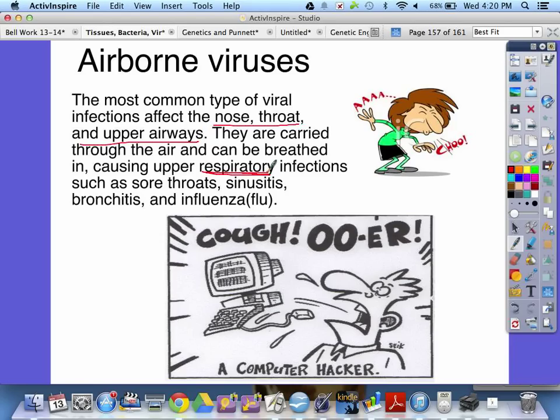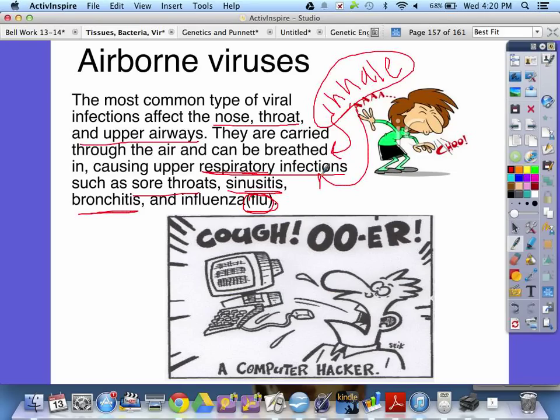So most viruses that you get, you have to inhale. They're carried through the air and breathed in, and they infect the respiratory tissue so that you have sore throats, sinus problems, bronchial problems, the flu, all of that. The big thing is that viruses are inhaled and affect your respiratory tissue.